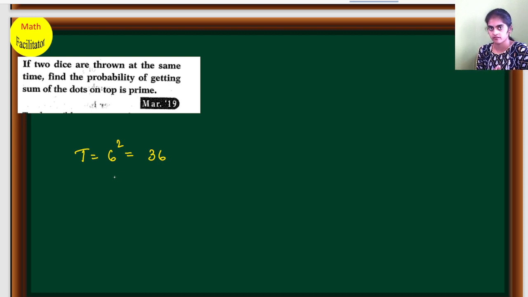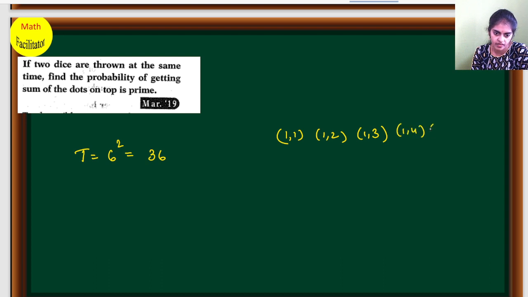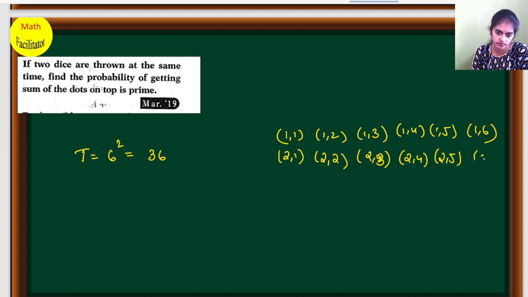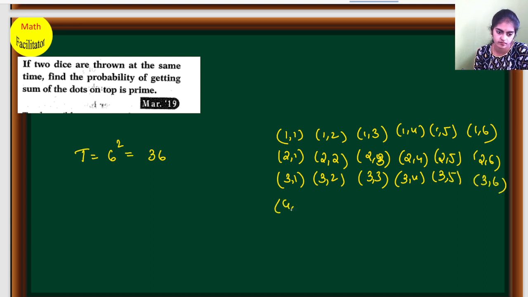So prime రావాలి, sum of dots as prime. మీకు డైస్ థ్రో చేసినప్పుడు ఇది అవుట్కమ్స్ 1 2 1 3. సో ఇది కుదిరితే రఫ్ లో రాసుకున్నానంటే యూ విల్ నాట్ మేక్ ఎనీ మిస్టేక్. టోటల్ పాసిబుల్ అవుట్కమ్స్ 36.